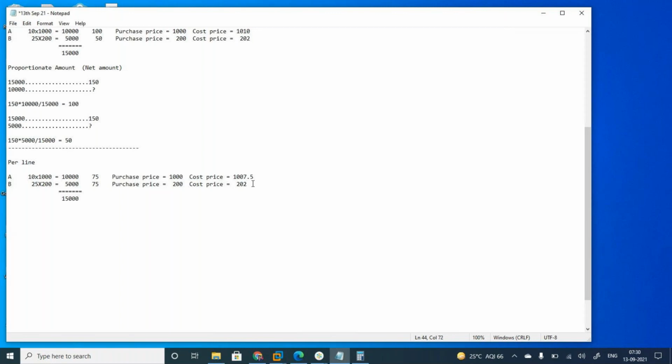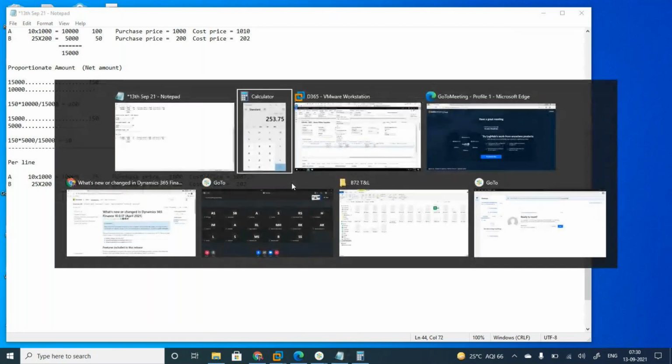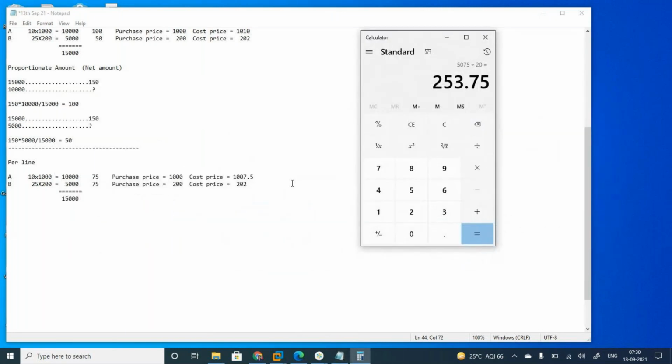Then it will be 2.53. I will tell you. See here, 5075. The total amount is 5075 divided by quantity 25 is 203.